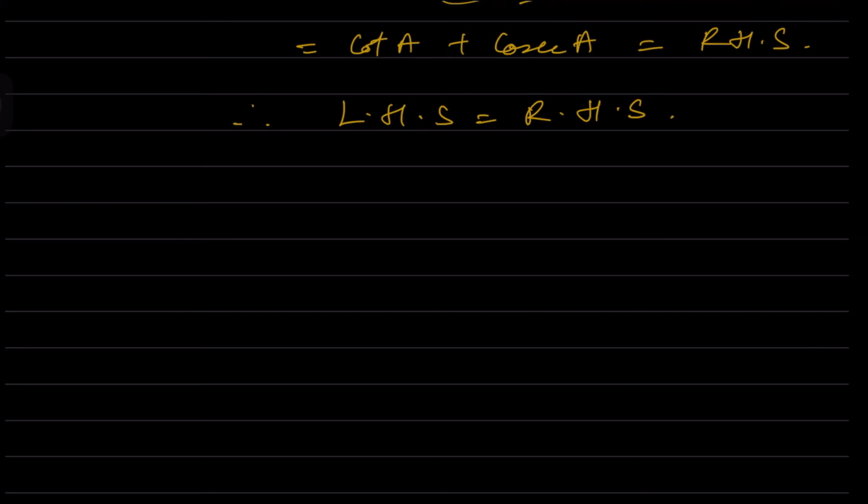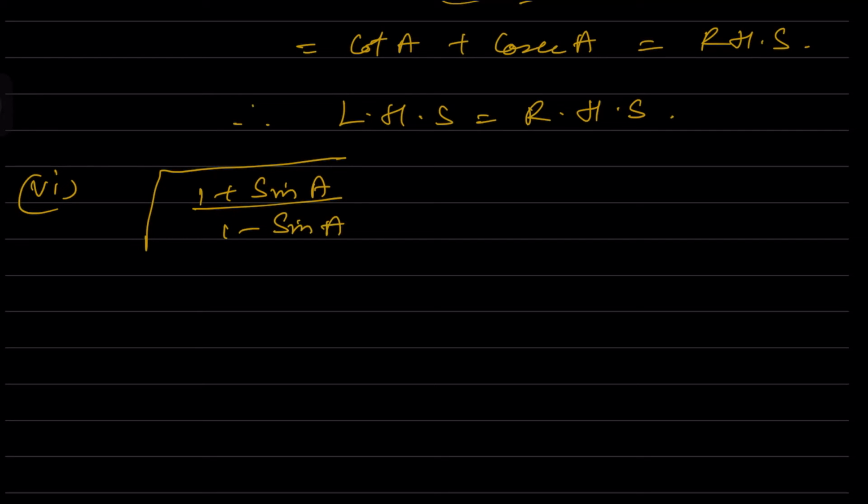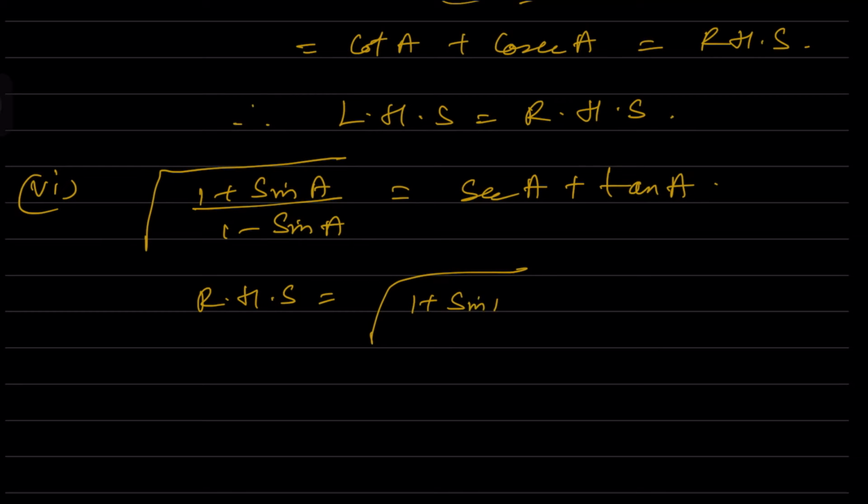Next, the sixth one, we are having the root of (1 plus sin A) by (1 minus sin A) is equal to secant A plus tan A. Therefore LHS is equal to root of (1 plus sin A) by (1 minus sin A). I am rationalizing this.